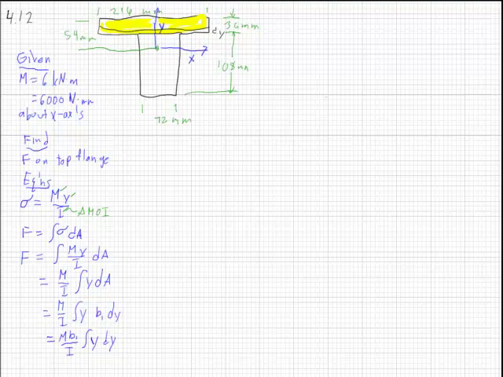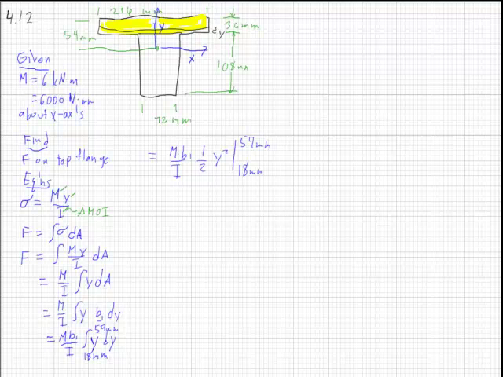So we'll have an indefinite integral from 18 millimeters to 54 millimeters, and so we'll be integrating M times b1 over I and y dy, and that's going to end up with 1/2 y squared from 18 millimeters to 54 millimeters.